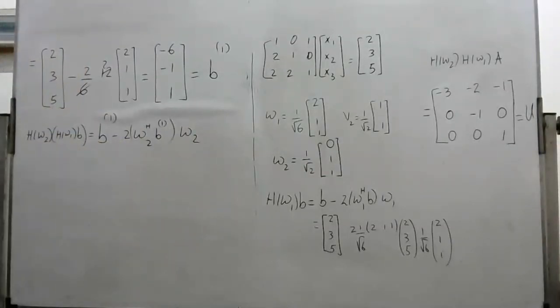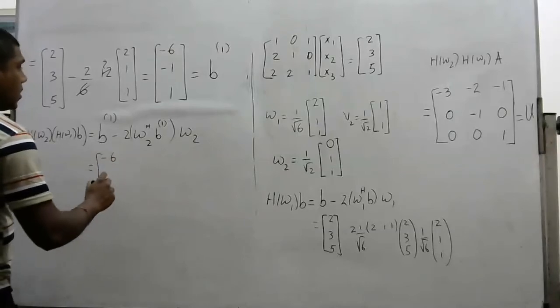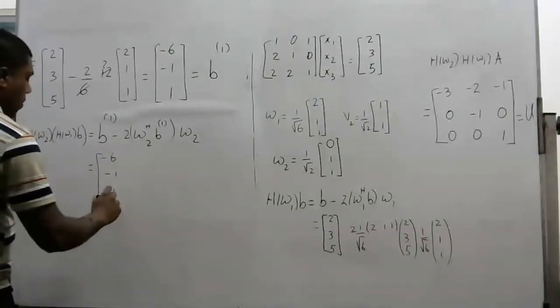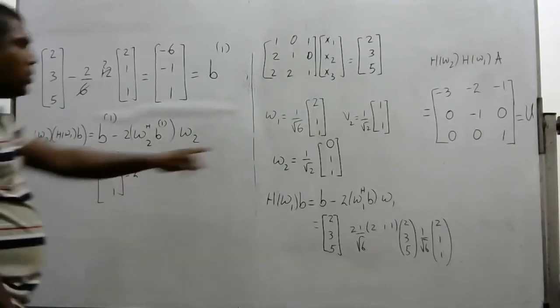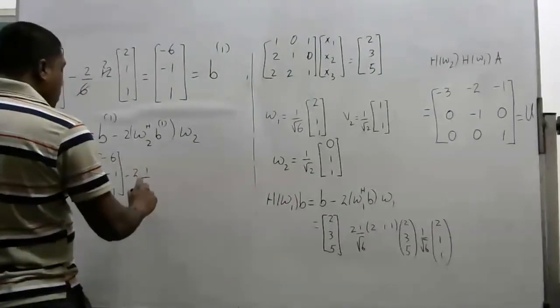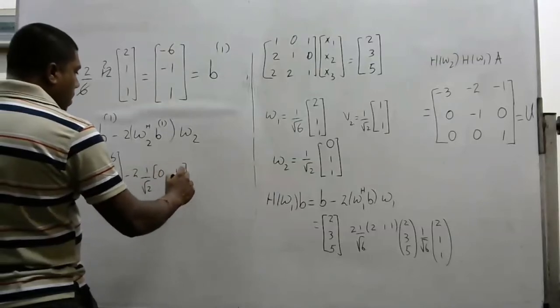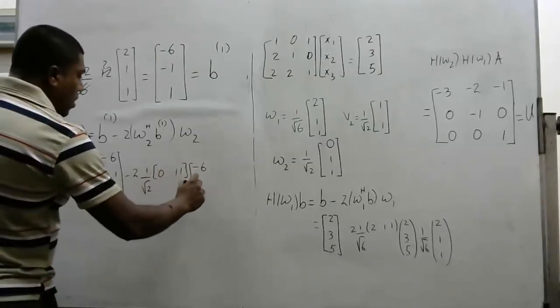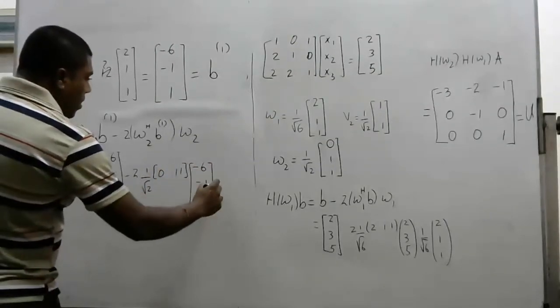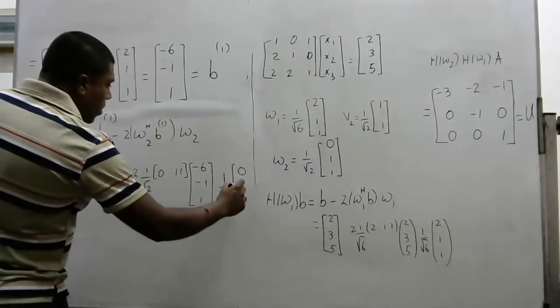That is going to be minus 6, minus 1, 1, minus 2 times omega 2 Hermitian, which is 1 upon square root of 2 times 0, 1, 1. And then d1 is minus 6, minus 1, 1 times 1 upon square root of 2 into 0, 1, 1.